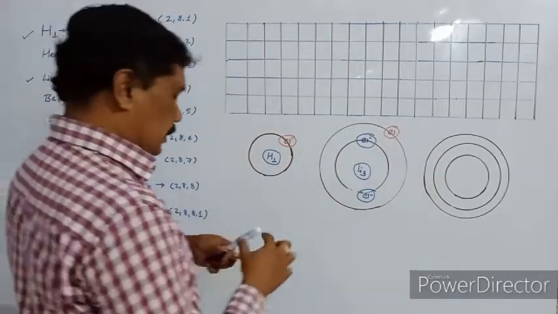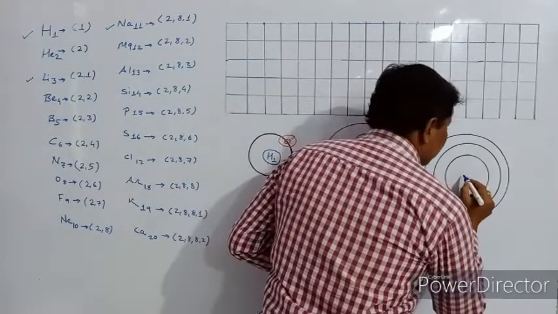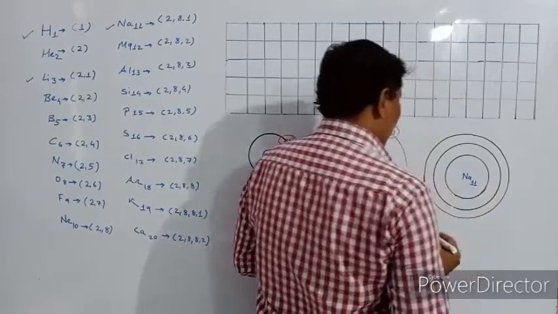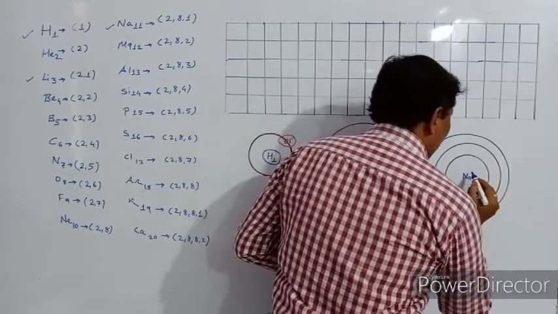And third we will consider sodium: atomic number 11, number of electrons present 11.